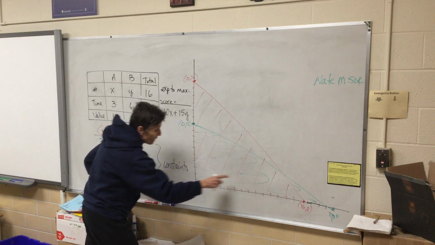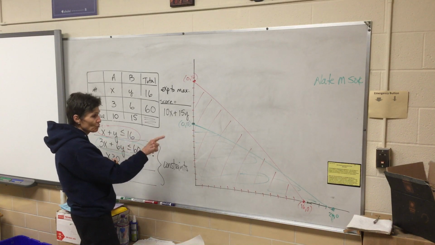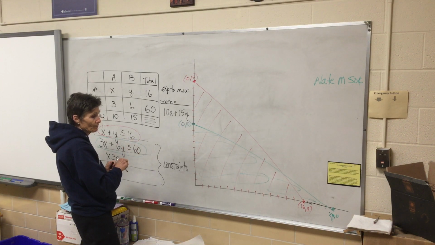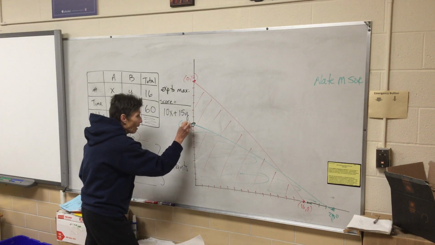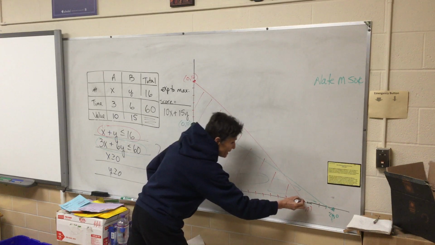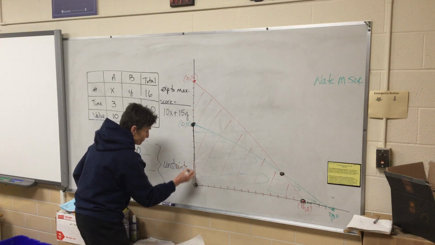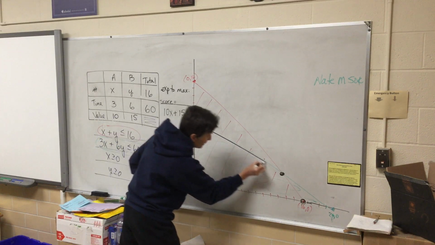There is part of my graph, not the whole thing, but part of it that's red and green. So I am going to outline that part, the part that's red and green, with a big black line.